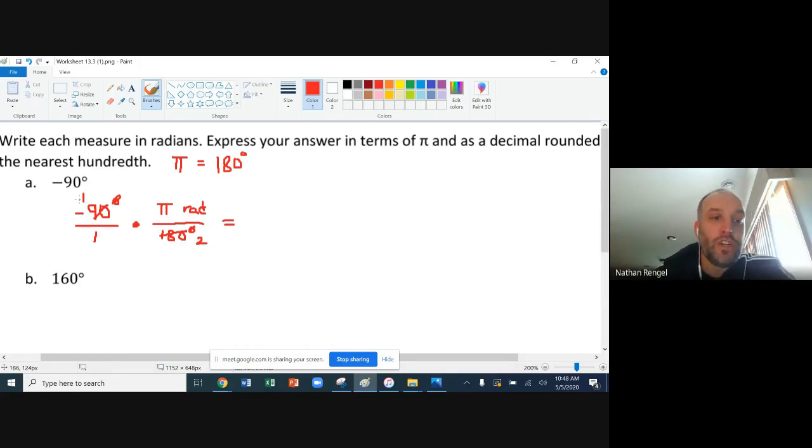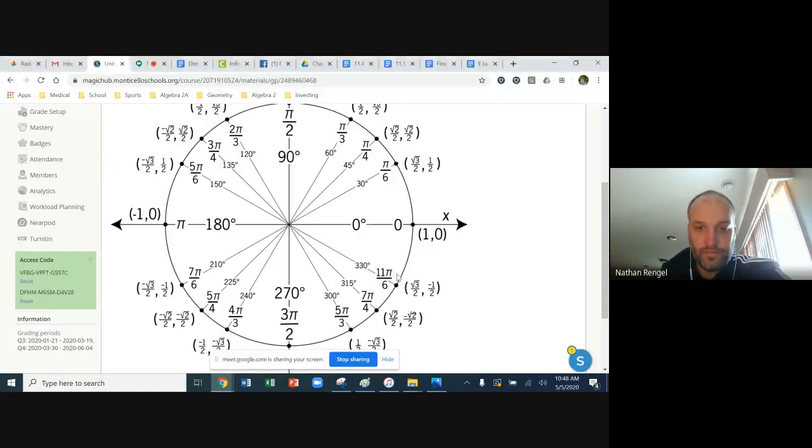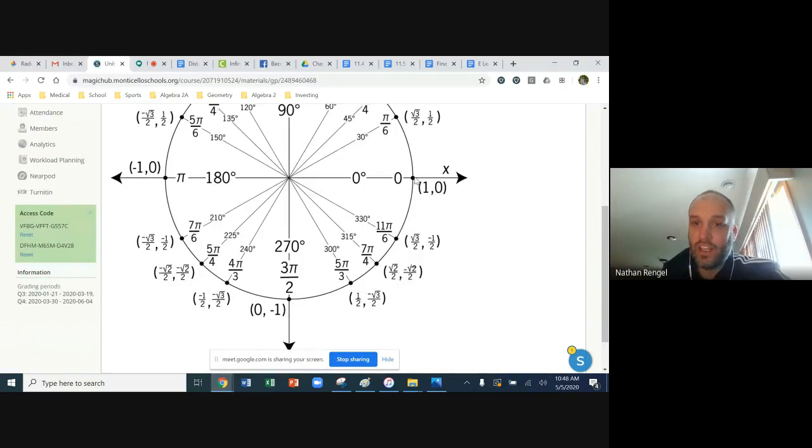Now we can take our numerator. Negative 1 times pi is negative pi. 1 times 2 is going to be 2. So I got negative pi over 2. Now if we just take a quick peek back at the unit circle, negative 90 degrees is going to be heading clockwise. So I'm heading down to here.